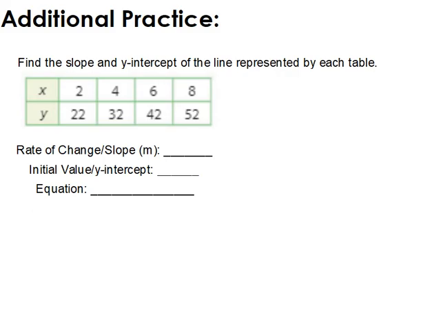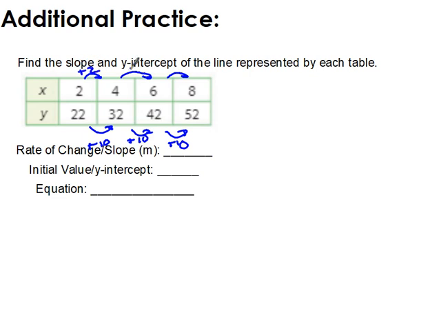So let's look at another table here. I'm going to look for the slope, I'm going to look for the y-intercept, and then I can write my equation for slope and y-intercept. So, change in y over change in x. That's how we figure out what my slope is. So my change in y looks like I'm going up 10 each time. So it is constant, which is good.